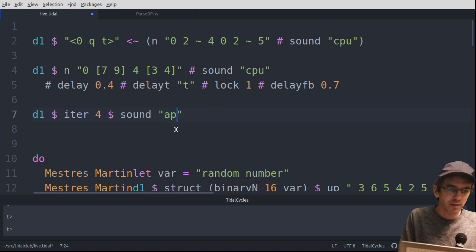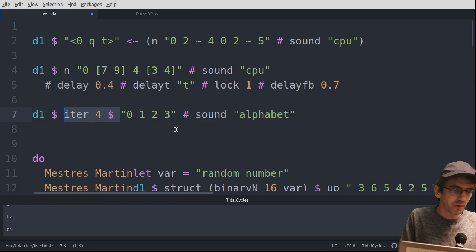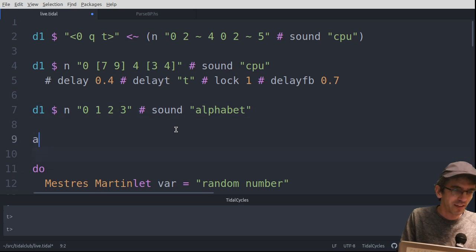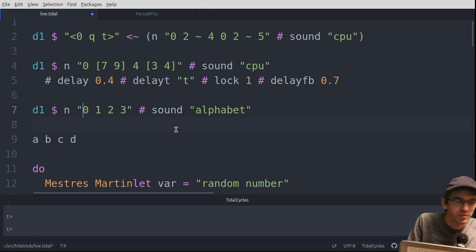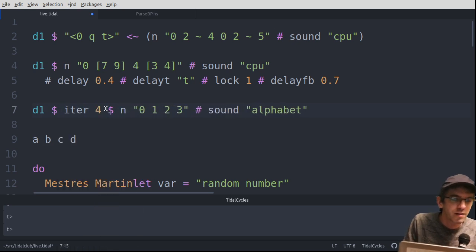So if we had something where it's quite clear what the sounds are, 1, 2, 3, 4. Start with that. C D A B C D A B C D. What it does, so here we've got the samples from that folder, which is someone saying A, B, C, D. So what it does is shift by a certain amount, in this case a quarter of a cycle, every cycle.